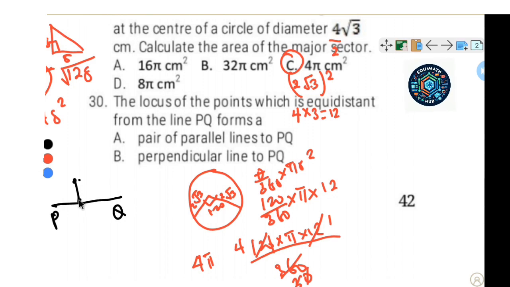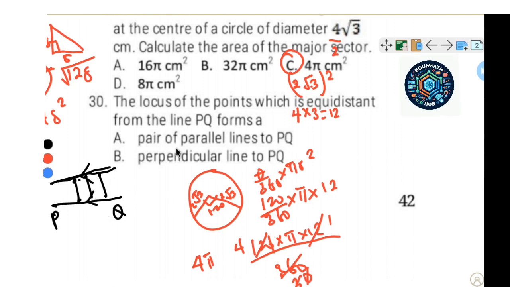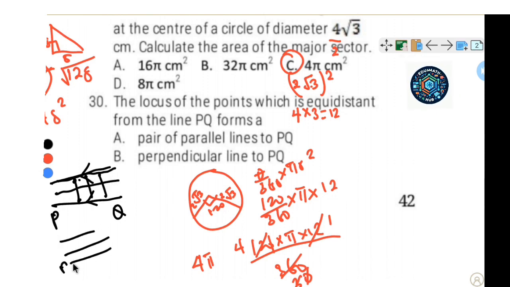Equidistant means constant distance. So any of the points will form a straight line, and that straight line will be parallel to the original line. So the answer will be a pair of parallel lines. There's another point on the other side to form a parallel line too. So all the lines will be parallel to the actual line PQ, forming a pair of parallel lines. So this is the answer here.